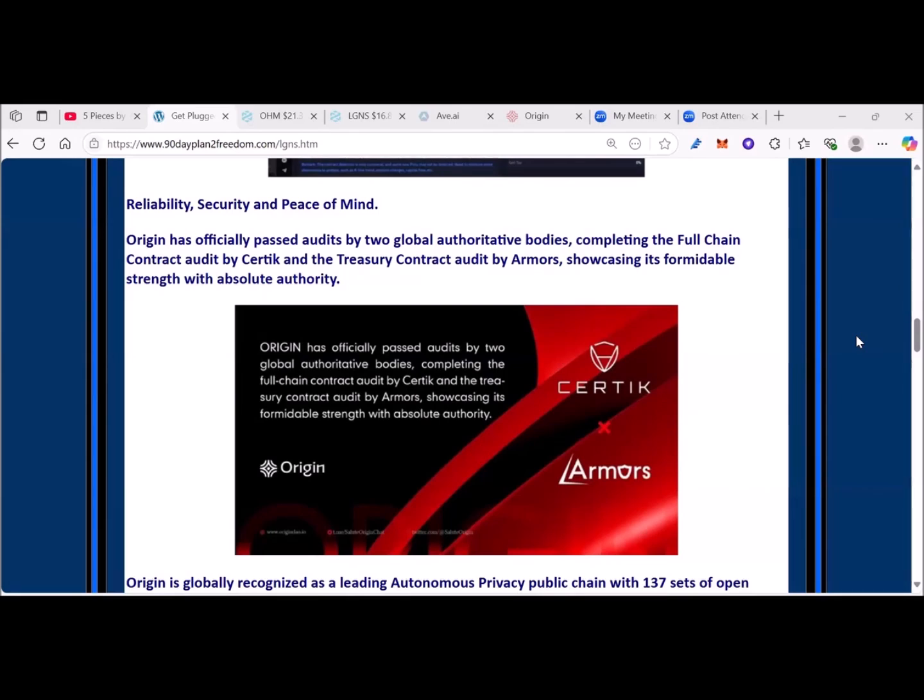In addition to that, all of the accounts that hold money have been audited as well by a company called Armors. All right, so these are two authoritative bodies that do a full search through everything that you're about to see here to verify that it is real. All right, so that is one of the resources, but there are many others.